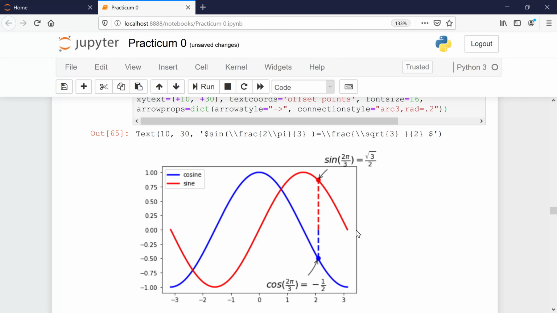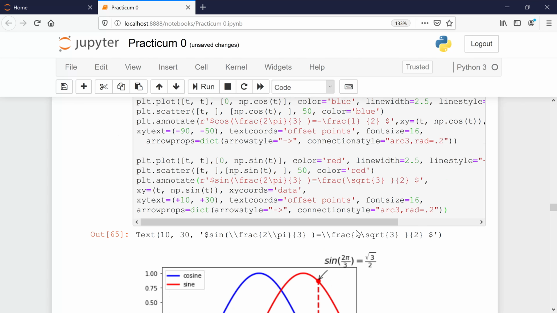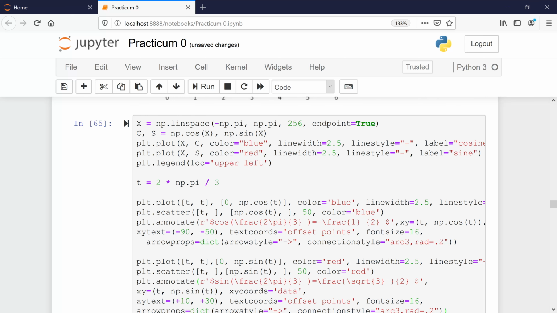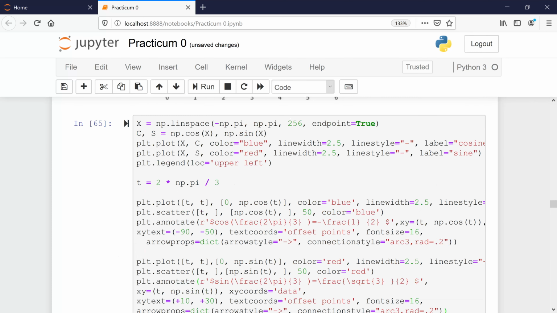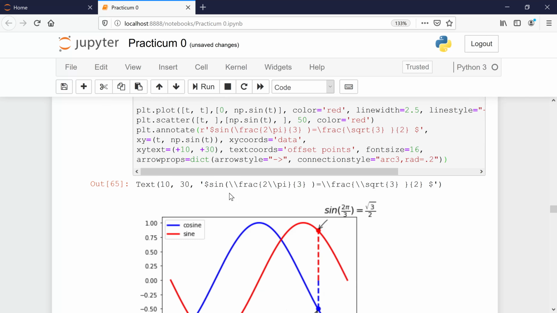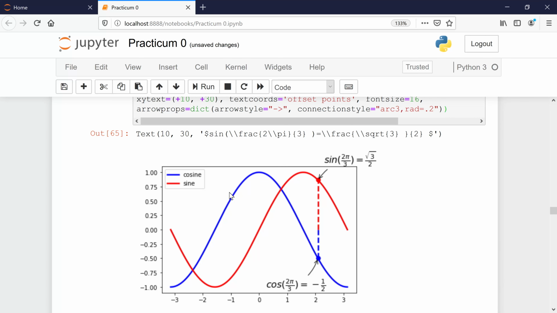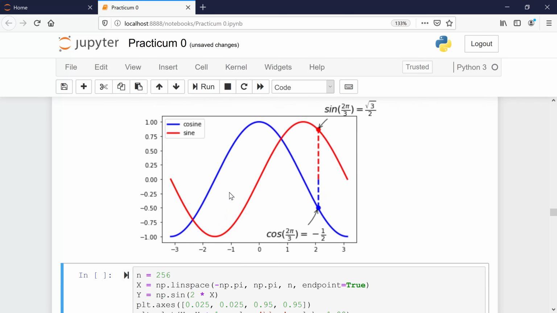It's very interesting. I don't have time to comment on everything now, but if you really want to learn that, take this code and play with it, experiment with it, do it for other functions. You just need some time to get familiar. I just wanted to give you some graphical possibilities of Python.